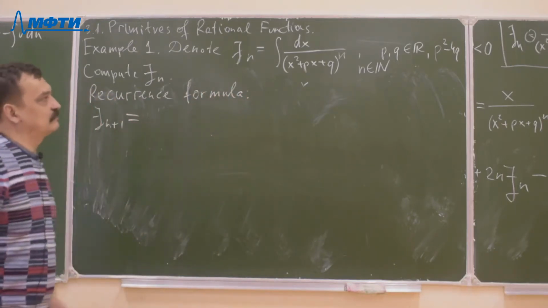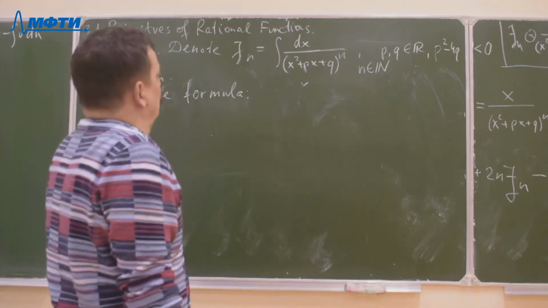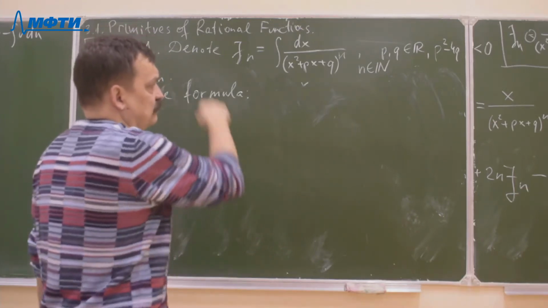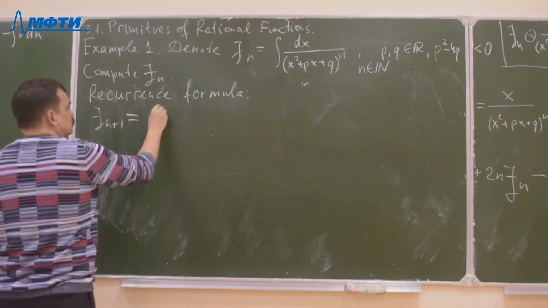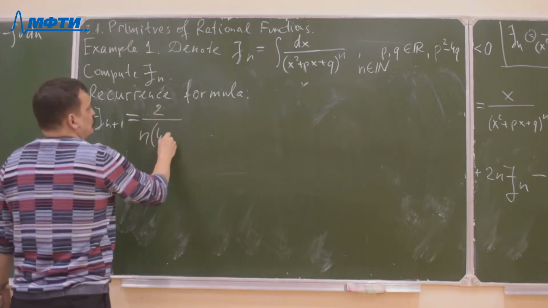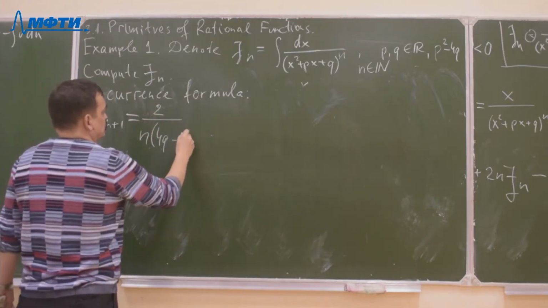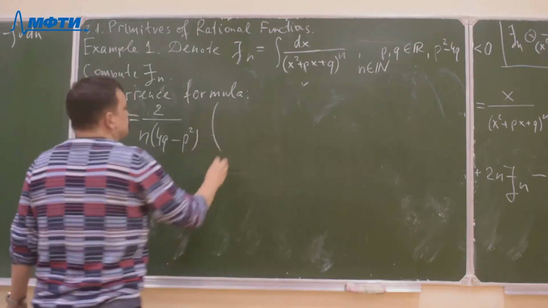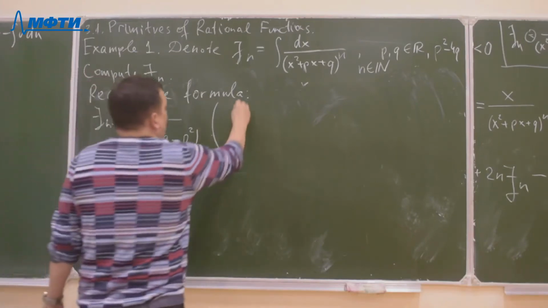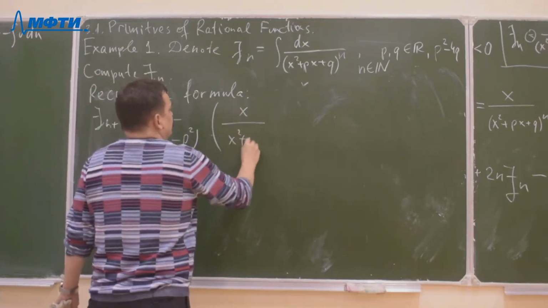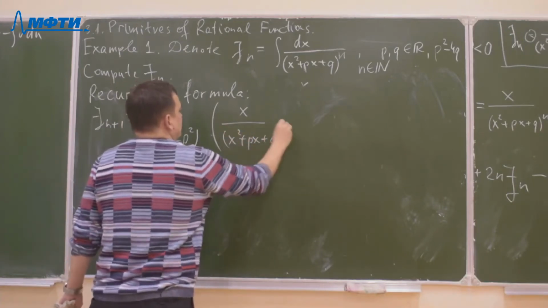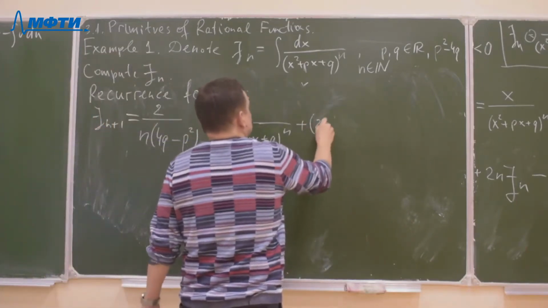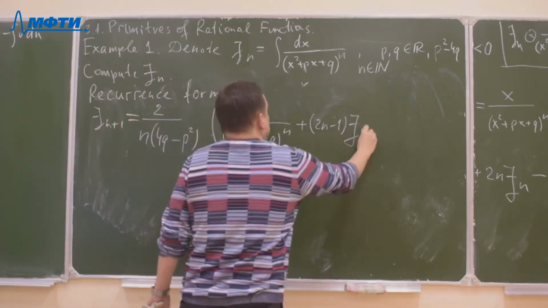J n plus 1 equals to, okay, I put to the left, divide by this term, so 2 over n(4q minus p squared) times x over (x squared plus px plus q) to the power n plus (2n minus 1) Jn.